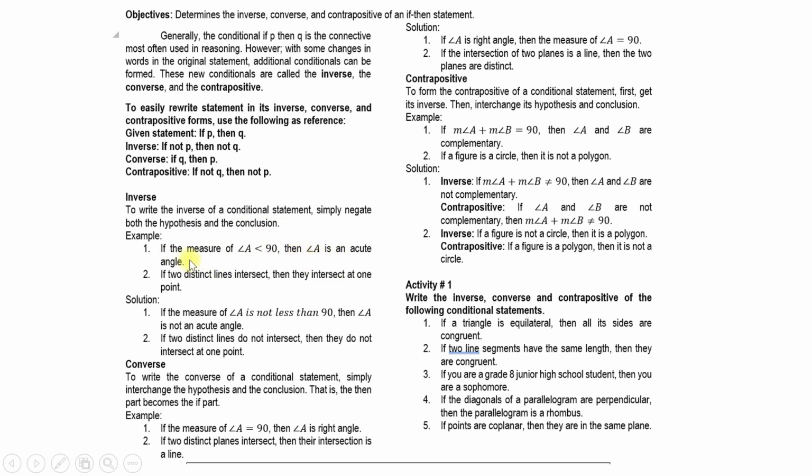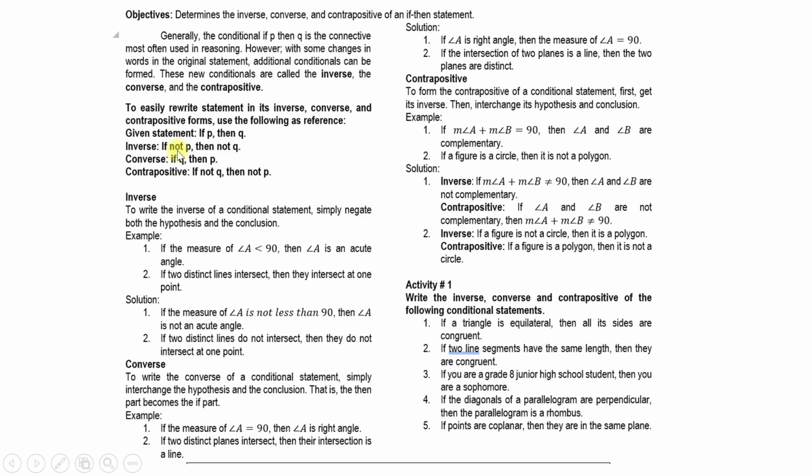So, asa man natong hypothesis anay? So, mao ni siya. If the measure of angle A is less than 90, then our conclusion kani siya, angle A is an acute angle. If we say inverse, ato lang i-negate. Unsa meaning ang negate? Atong butangan og not.